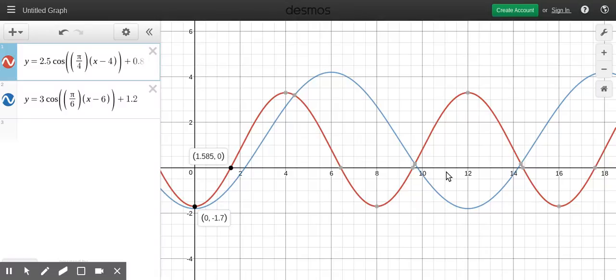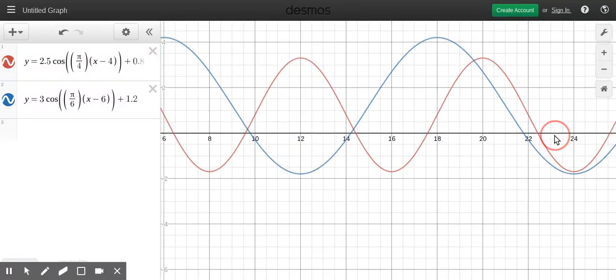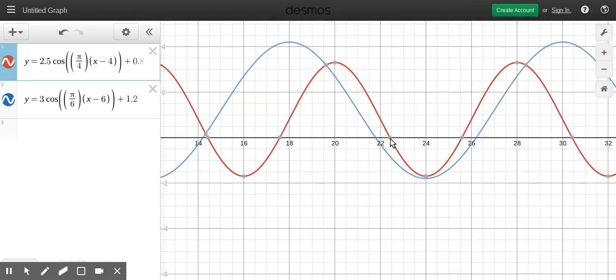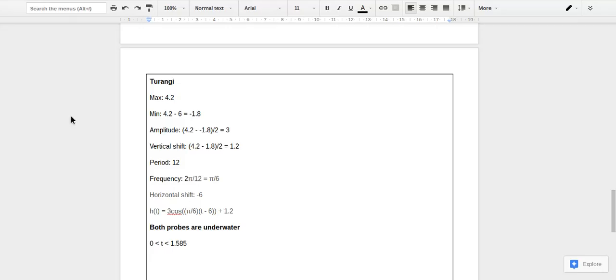And then we have both probes are also underwater between 22.415 and 25.585.